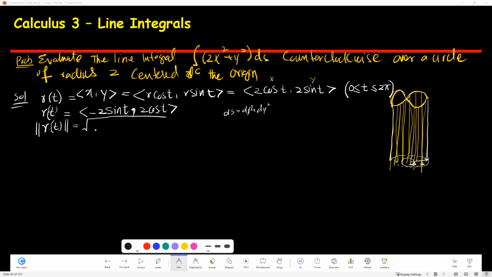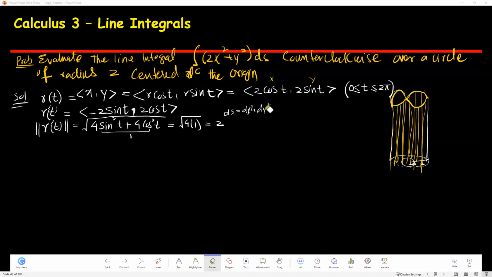Rather than calling it ds this time, I'm going to call it r'(t). So 2 times 2, 4 sine square t plus 4 cos square t equals 4 times sine square t plus cos square t, which equals 1. So I get the square root of 4, which equals 2.